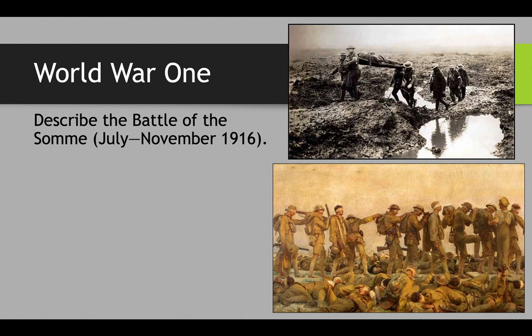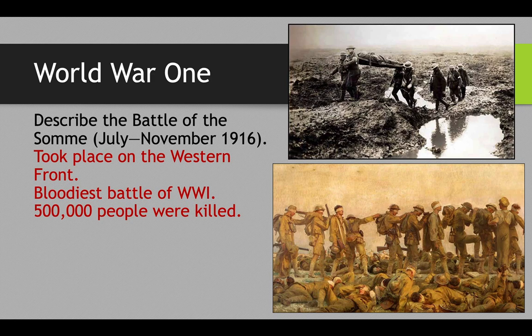Then you have the Battle of the Somme. Now, this took place at the same time as the Battle of Verdun. It didn't take quite as long. It took place from July to November of 1916, so only 4 months, which is still an incredibly long time. But even more people died in the Battle of the Somme. It was the bloodiest battle of World War I. In fact, it was the bloodiest battle in world history up to that point.